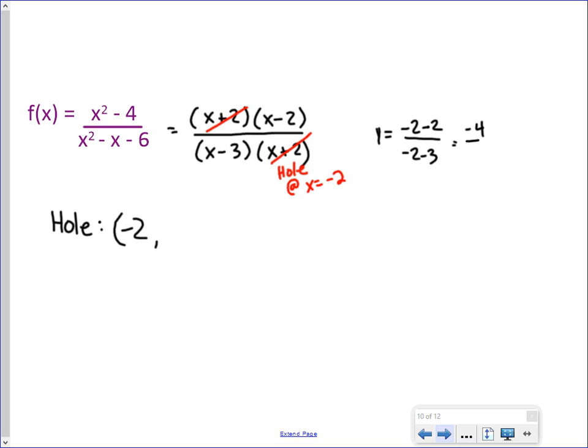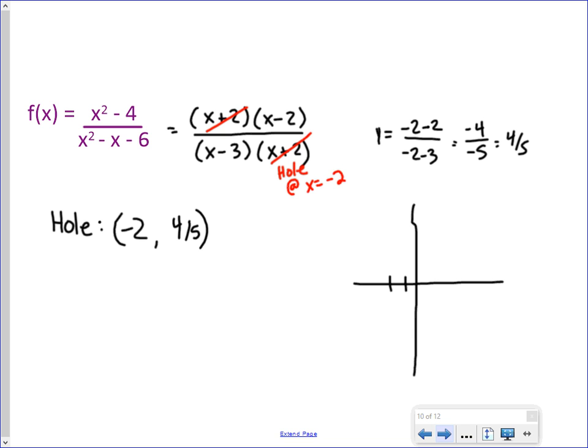That's -4 over -5, which turns into a positive 4/5. Don't be alarmed, when you're doing your table of values, or you're finding the y coordinate of your hole, you're going to get a lot of fraction y coordinates because you're working with a fraction function. So that's normal.